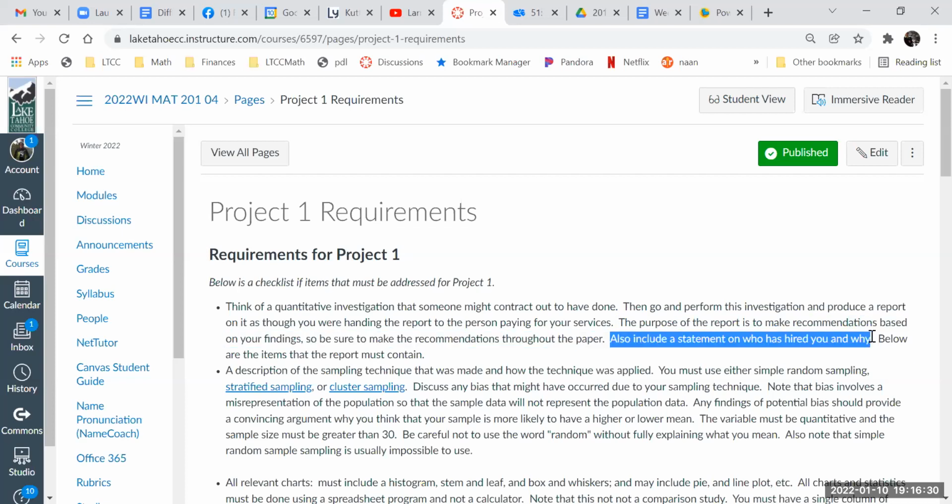Okay, you have to include in your paper, as I mentioned, who hired you and why. And again, you make that up. You don't really have to get paid, but who might hire you and why. So for example, it could be President Biden would hire you. That's okay.